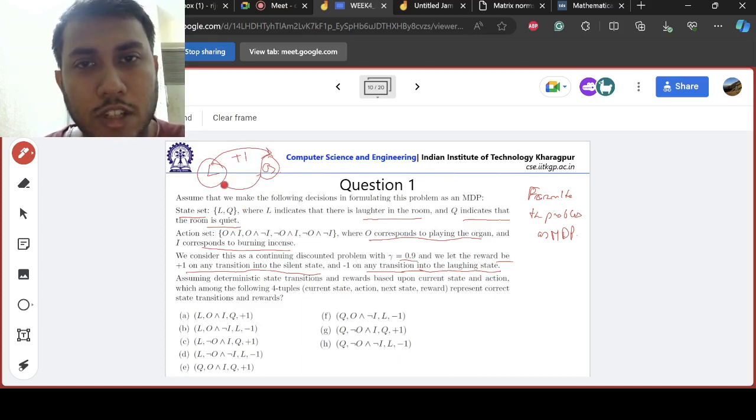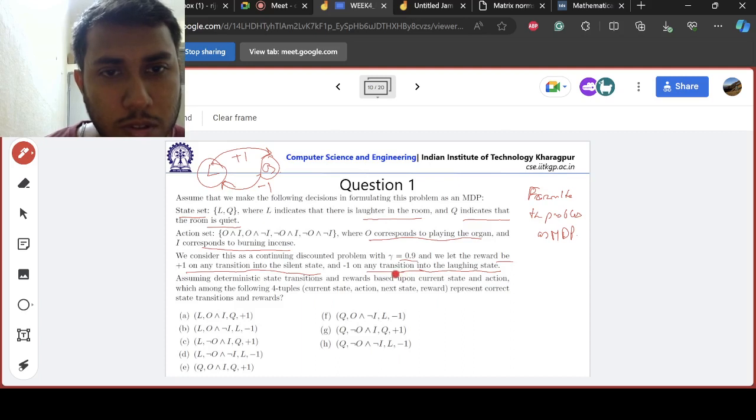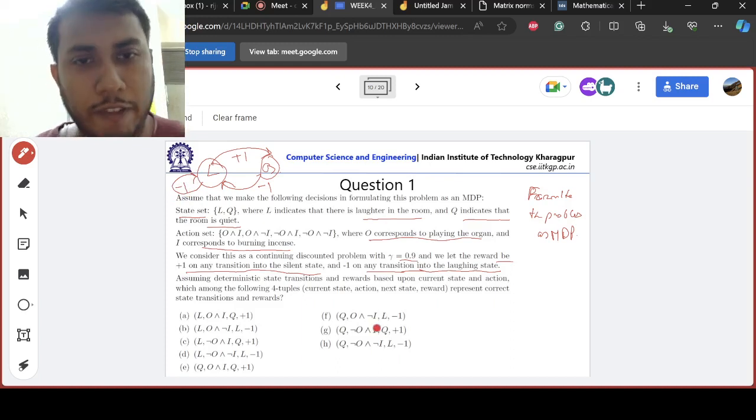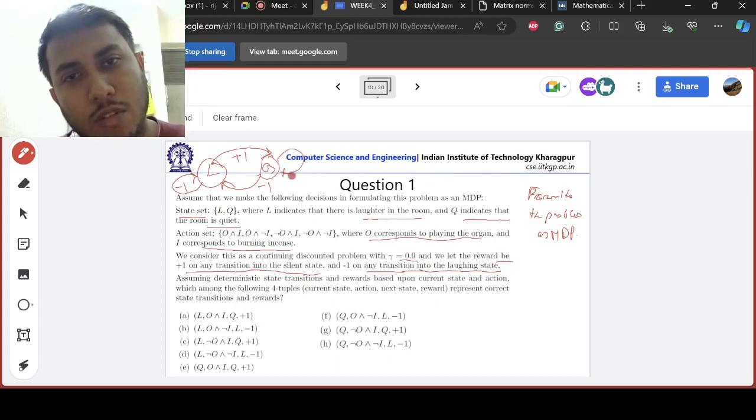If you make a transition from here to here, you get a -1 reward. If you are in the laughing state and you make a transition to the laughing state, it will also be -1 because it is a transition to the laughing state only. Similarly, if you make a transition to the quiet state, it will be +1.